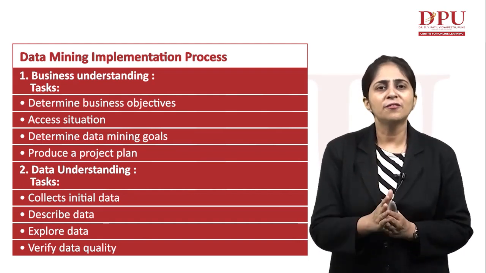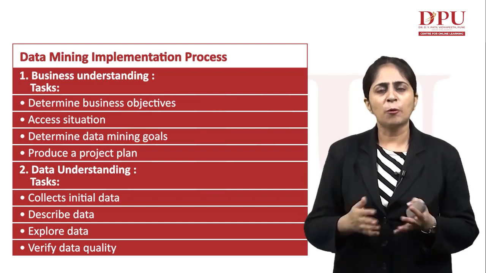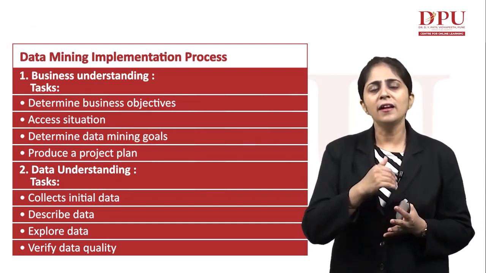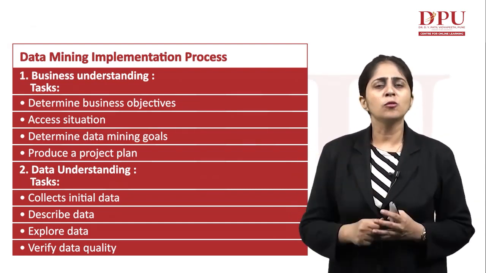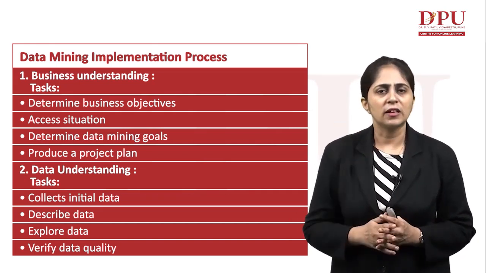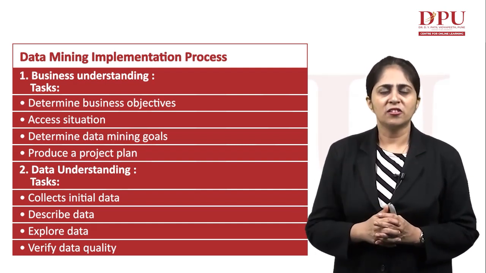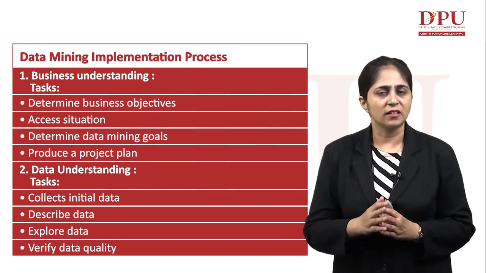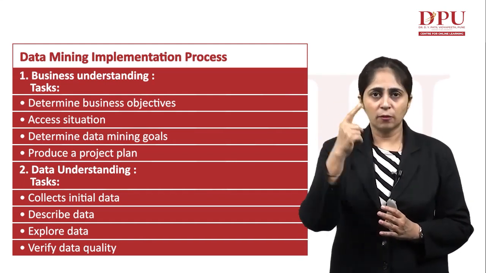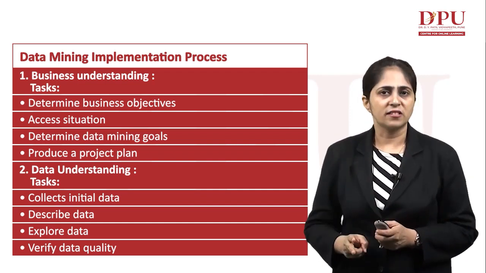We should not keep on collecting all the data that does not take us to any effective result. So we need to verify the quality of data. This is the next step for our data implementation process, which is called data understanding. So the first step was business understanding and the second step here is data understanding.